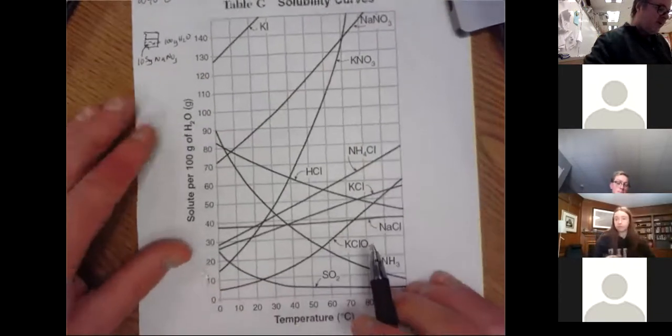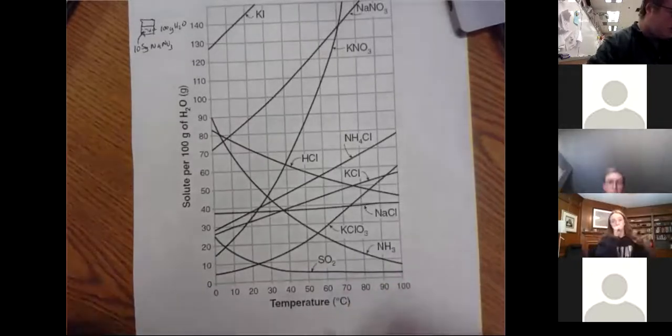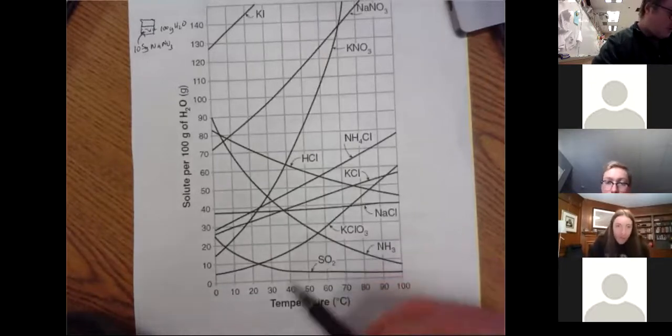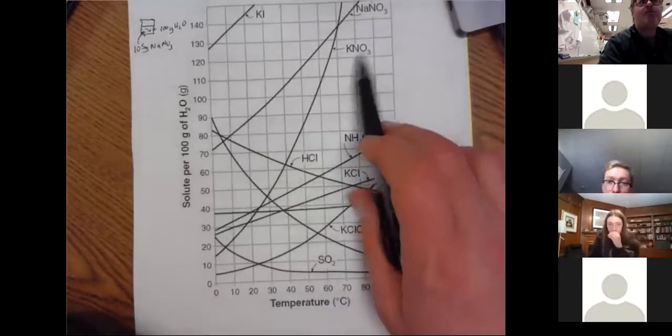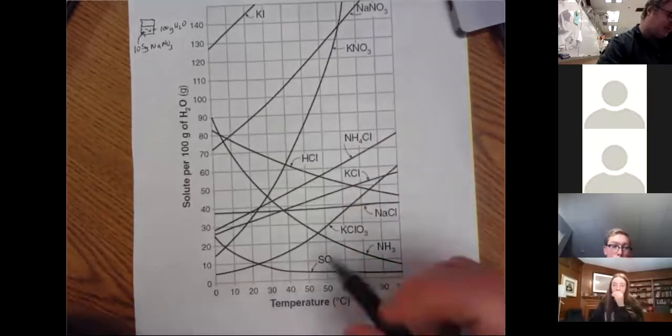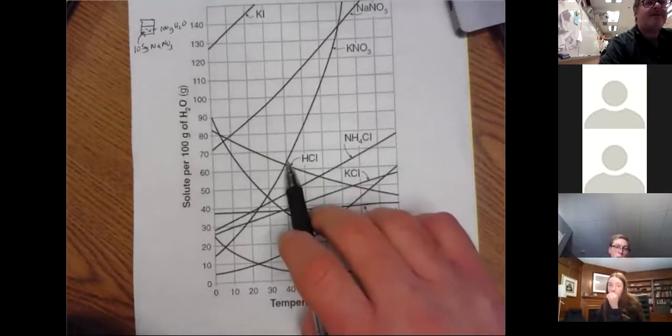At 40 degrees, how much potassium nitrate could you dissolve? 40 degrees potassium nitrate. About like 65 grams. 65 grams, if we read this, 65 grams.